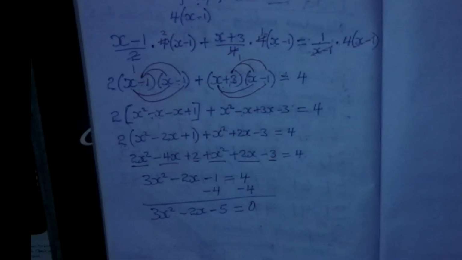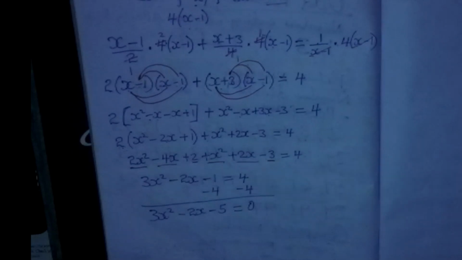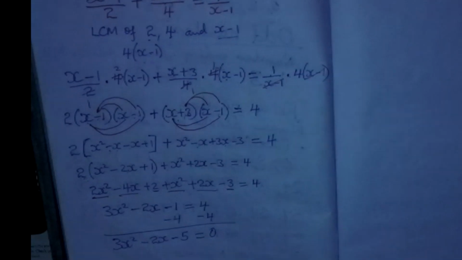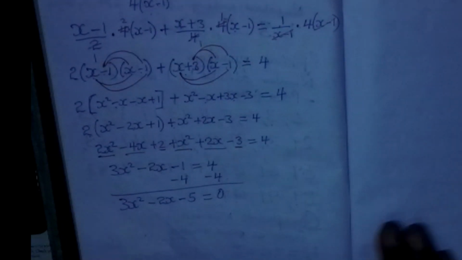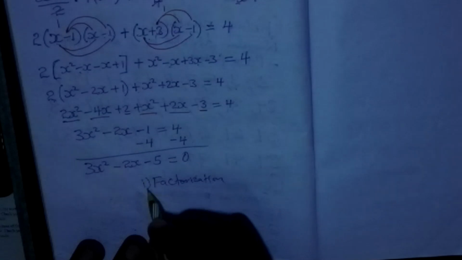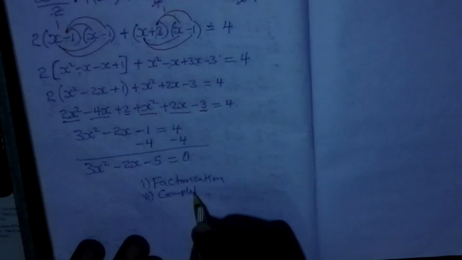So now we have formed a quadratic equation, and therefore we need to solve the quadratic equation. In this case, you can decide to use the factorization method. That's one method. You can also decide to use completing the square.